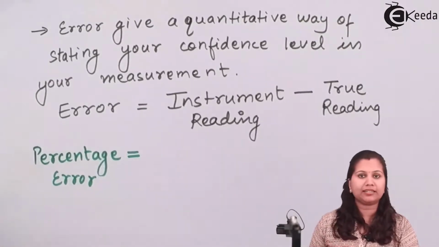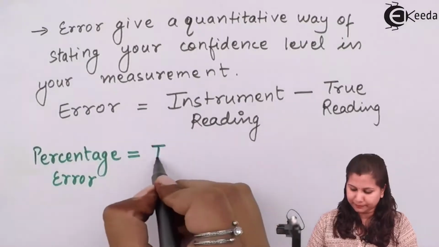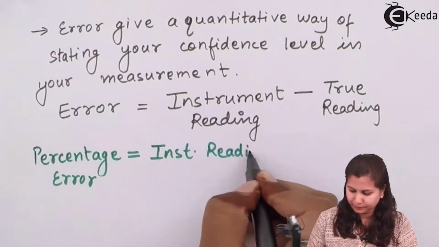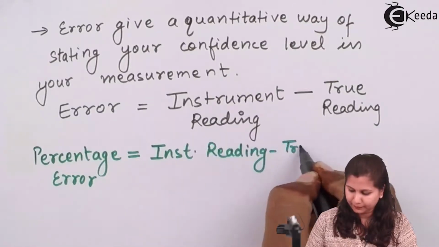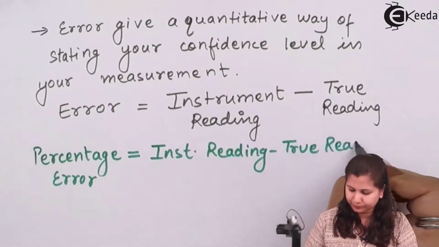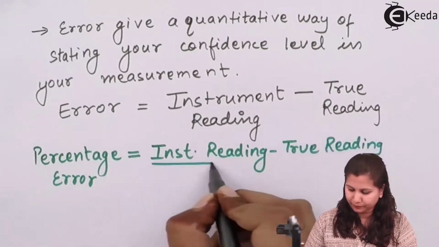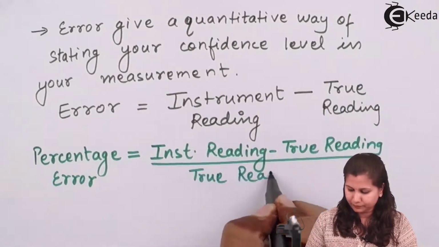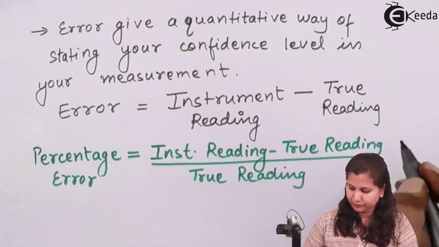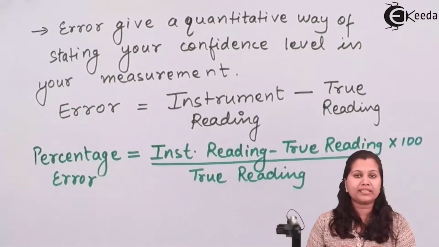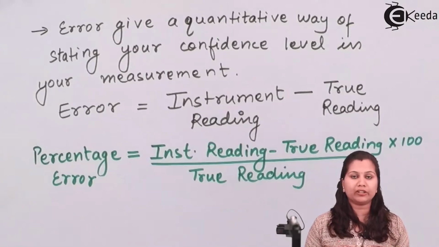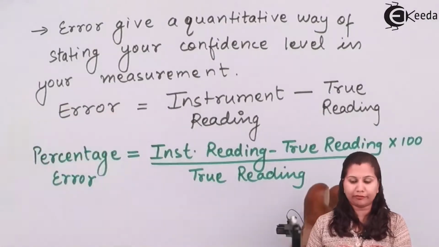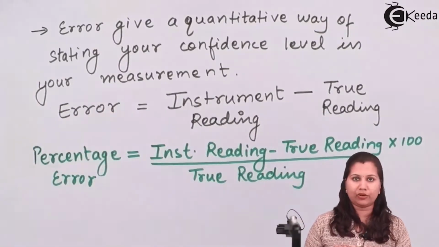So we can express the errors in the measuring instrument as an error, that is the difference, and also as a percentage error.